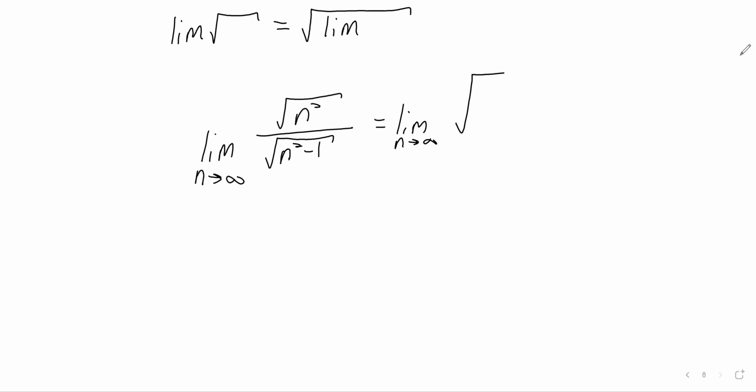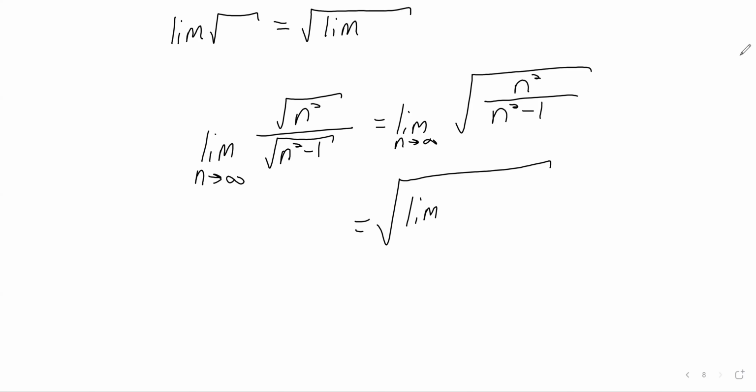A square root divided by a square root can be rewritten as a single square root, and we can take the limit inside a square root.